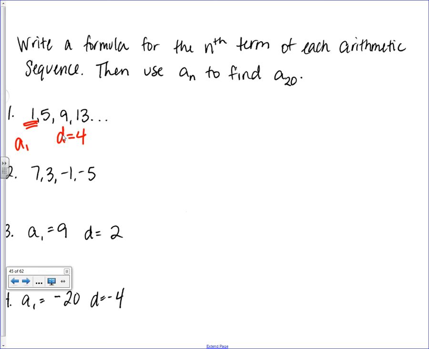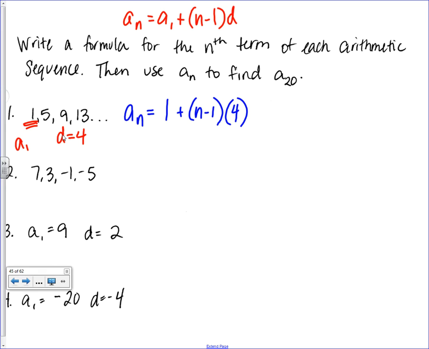That's my first term. Now remember your formula, which is that. You will need to have this memorized for a test or quiz. So my formula is going to be a sub n is equal to my first term, which is 1, plus n minus 1 times the common difference, which is 4.